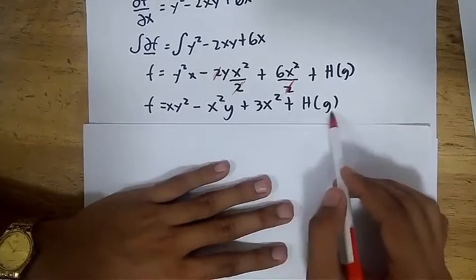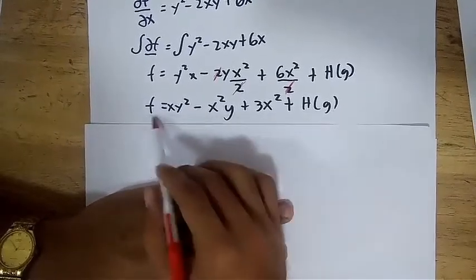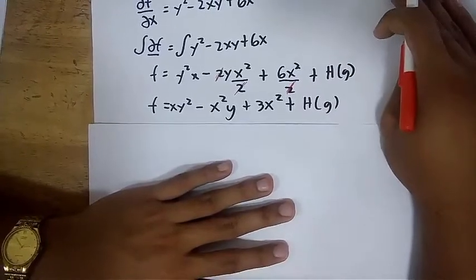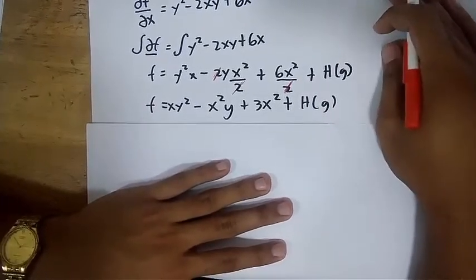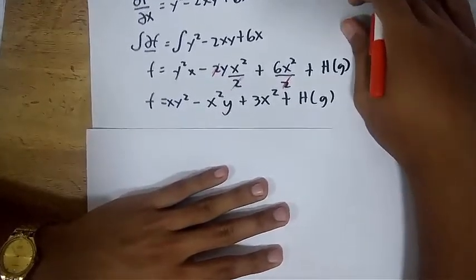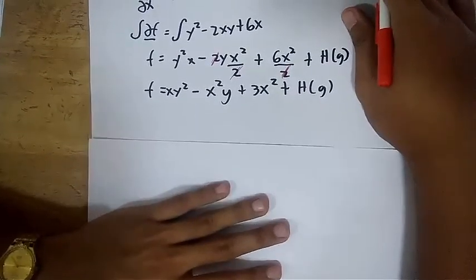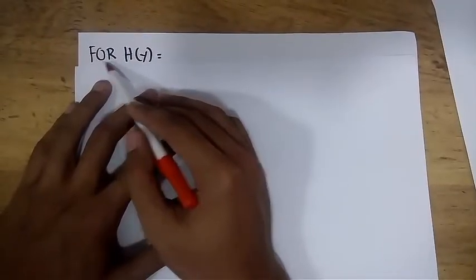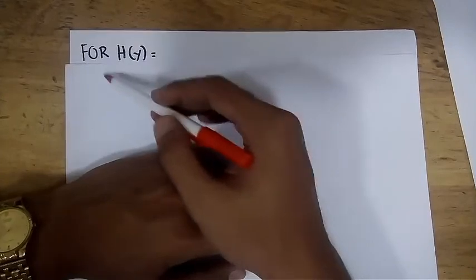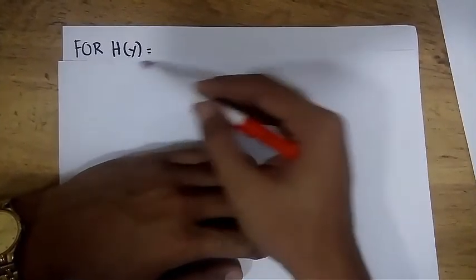Our formula will be f equals xy squared minus x squared y plus 3x squared plus function h of y. Now let's find the value of the function h of y.